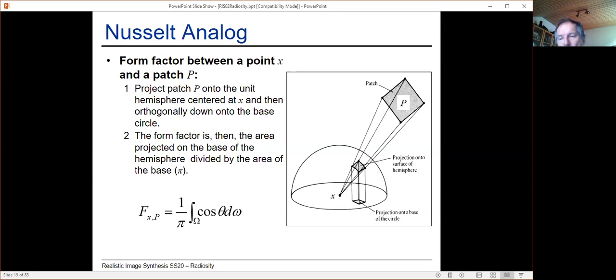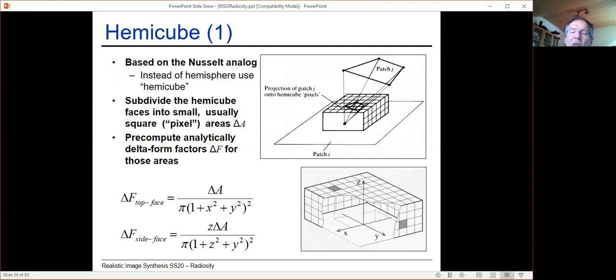So the form factor would be equal to this: we take patch P, project it onto the sphere, then project this further onto the base of this unit circle, and then we get the value of the form factor. So why is this analog important? Because when we do the mapping of form factor computation onto the GPU, we will replace this hemisphere by a hemicube because we would like to do rasterization.